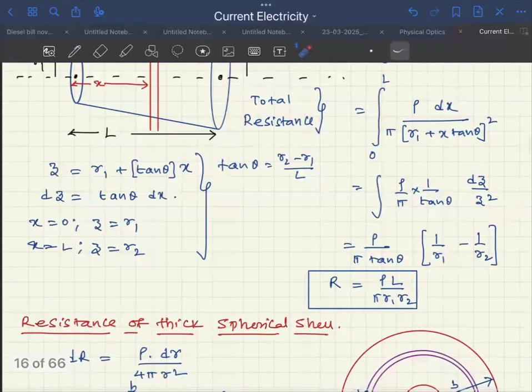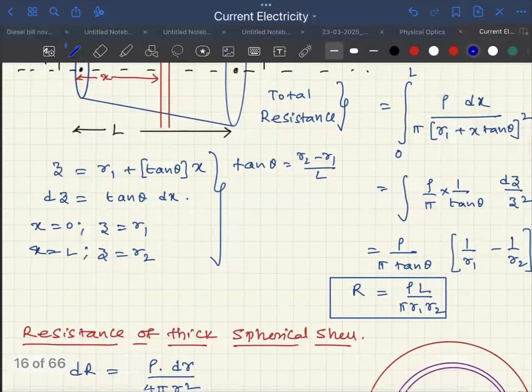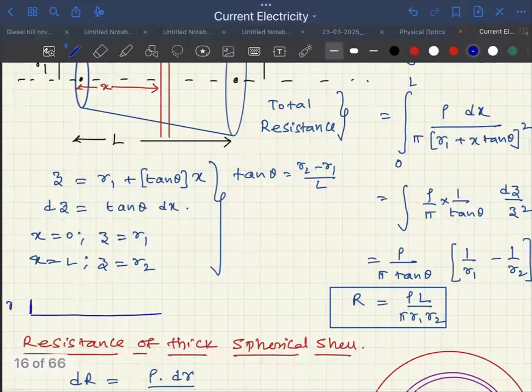But geometry is required. Now you see, this is the axis of the cone. At one end the radius is R1, at the other end the radius is R2. Now this is how you have the slope.